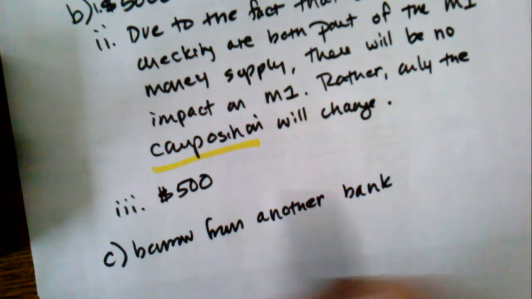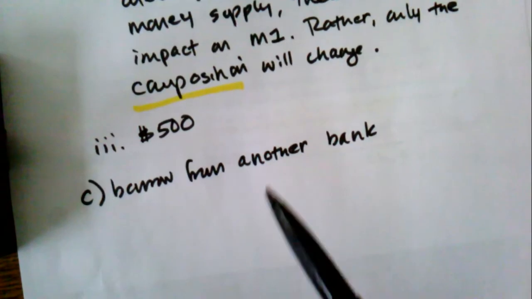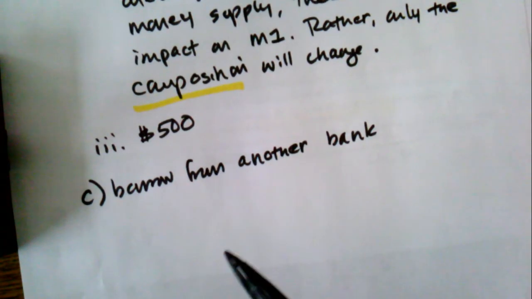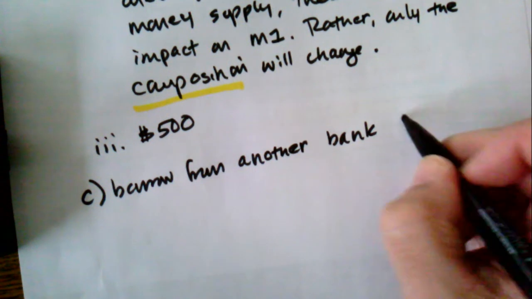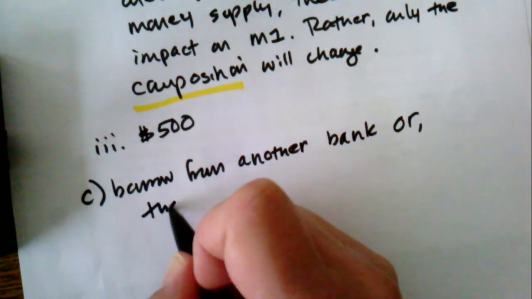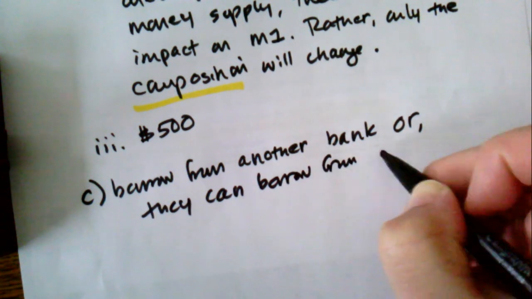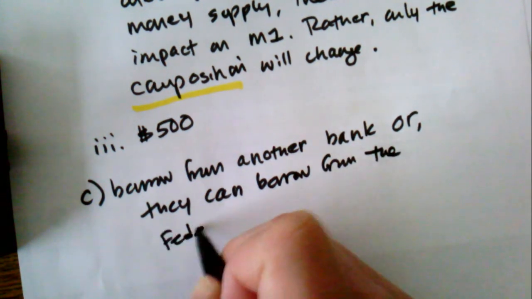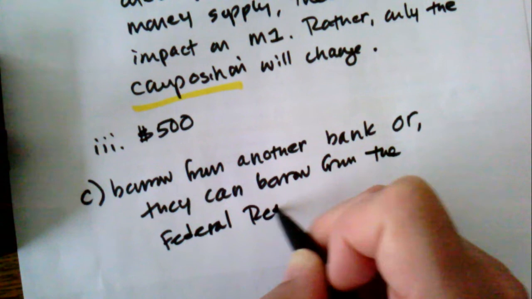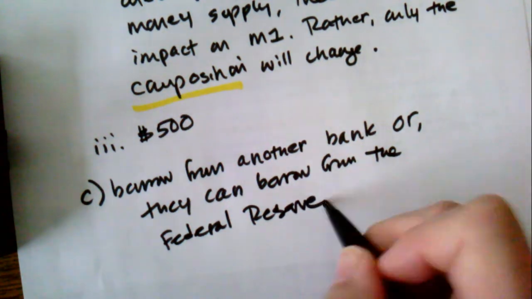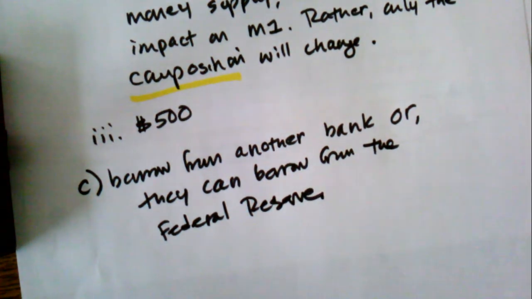And you guys will learn, or you have learned, that the interest rate that they borrow from another bank is called the federal funds rate, or they can borrow from the Federal Reserve. And the interest rate that they use from the Federal Reserve is called the discount rate.